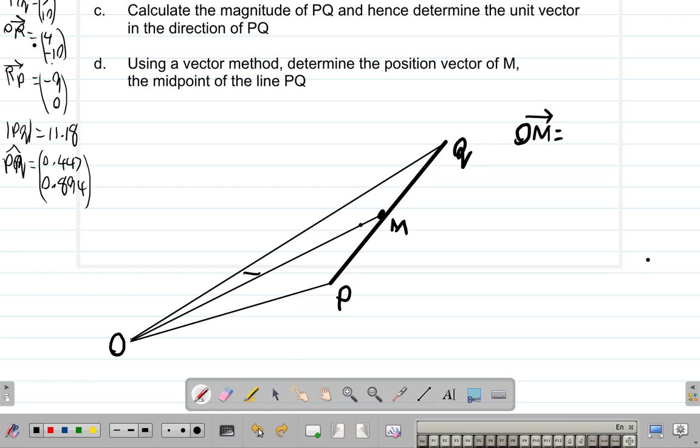What we can do here is to say, if we have OM as the resultant, by the way, we put two arrows on the resultant, alright, and one arrow on each of the vectors we're adding.